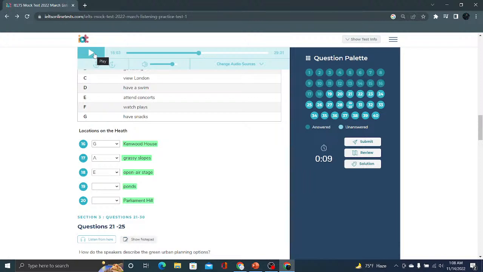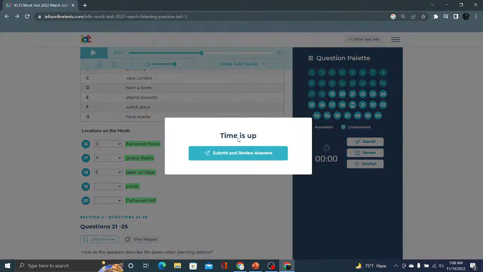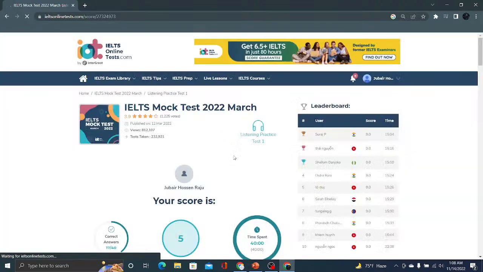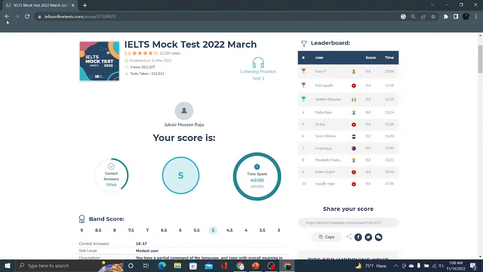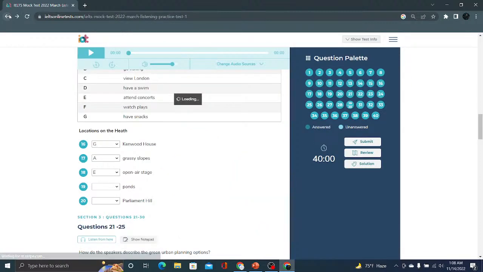Did you get the answer? Because the answers to questions 19 and 20 were a little bit closer, I think. As she was saying, ponds for segregated and mixed bathing.